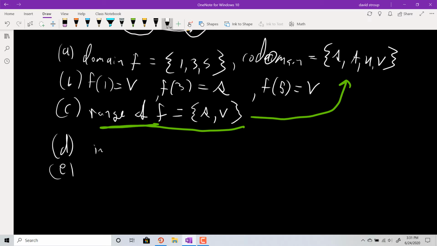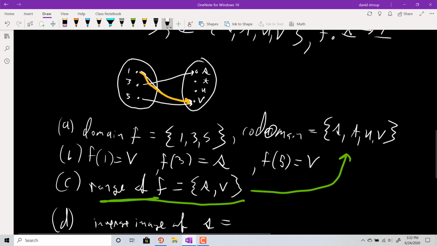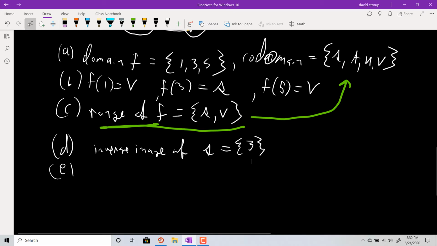So first they want the inverse image of S. And what you just do is go back to the diagram and go backwards from S, right? So the inverse image of S is 3. And here we want a set, not just an inverse image of S, but the entire set.